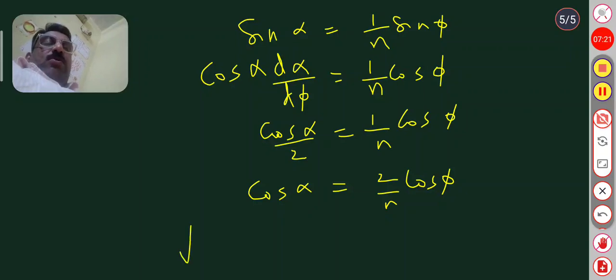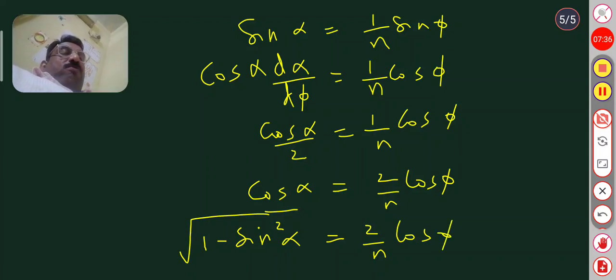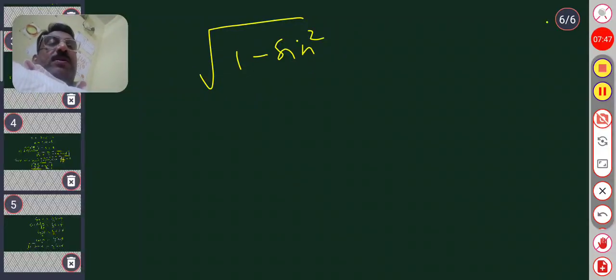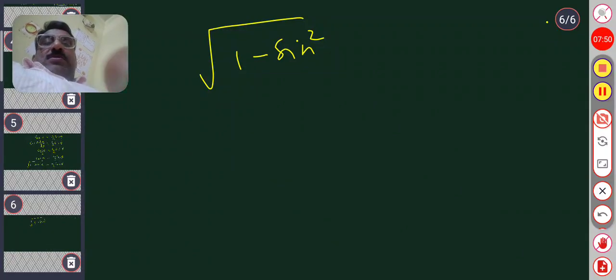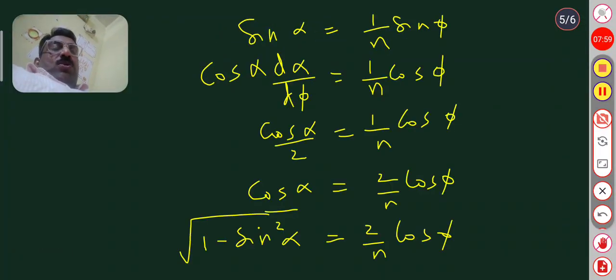Cos alpha is root of 1 minus sine square alpha, which is equal to 2 by n into cos phi. So I'll write this once again: root of 1 minus sine square alpha is equal to 2 by n cos phi.